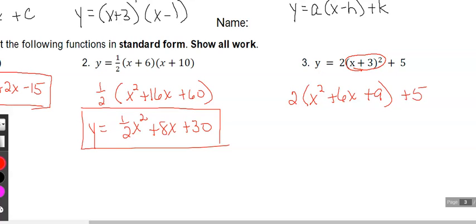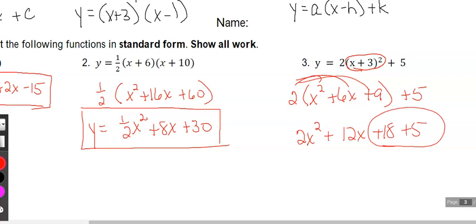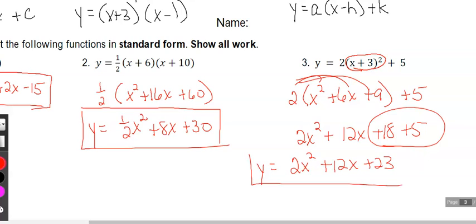I need to hang on to that until I multiply that 2 into the parentheses. That's 2x squared plus 12x plus 18 plus 5. Now I can add the 18 and the 5 together. Let's put y equals 2x squared plus 12x plus 23. Okay. So those are all in standard form now.